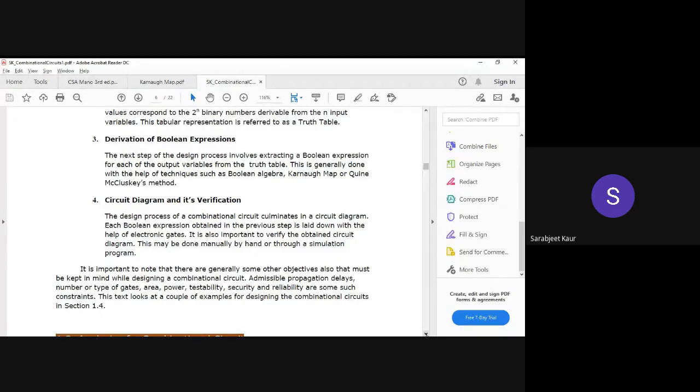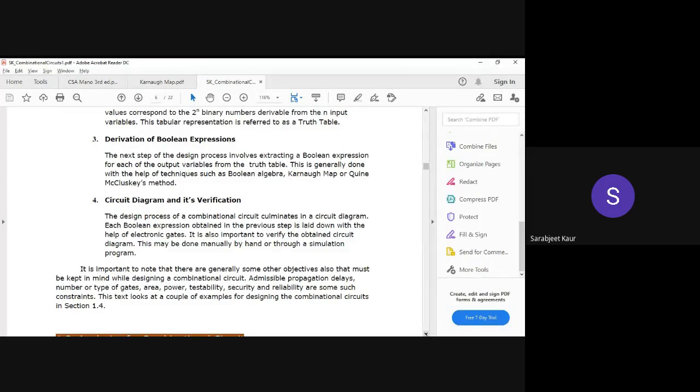Next step: circuit diagram and its verification. In the design process, after we have the Boolean expression in its most reduced form, the next step would be to draw its circuit diagram. This would be the final step.